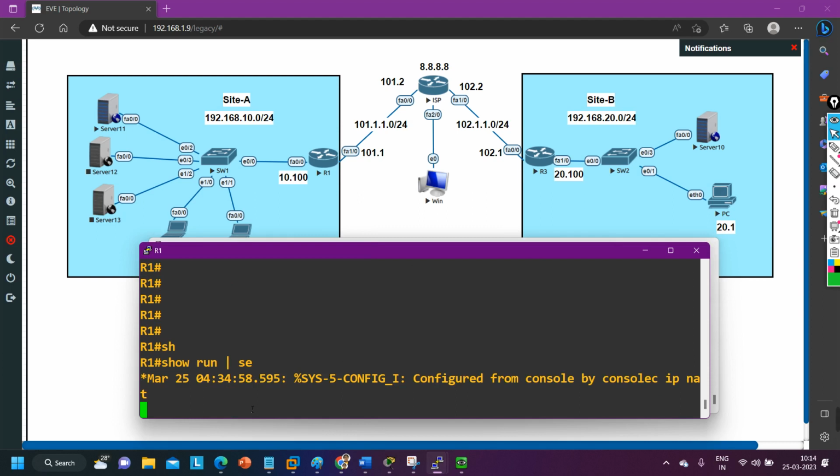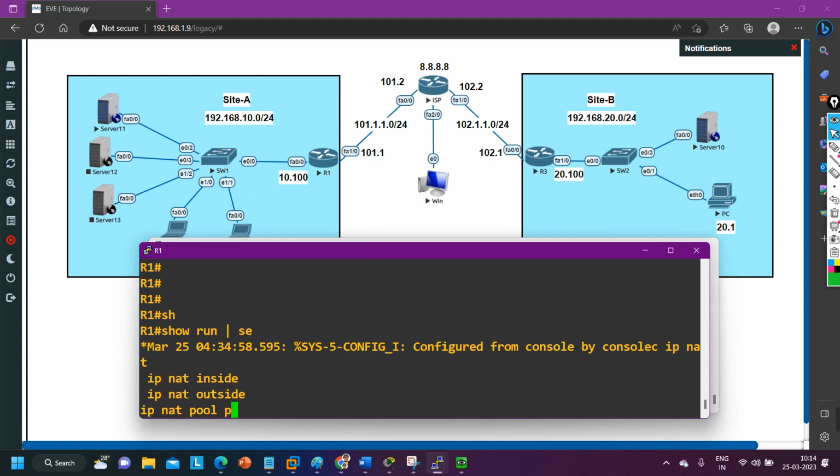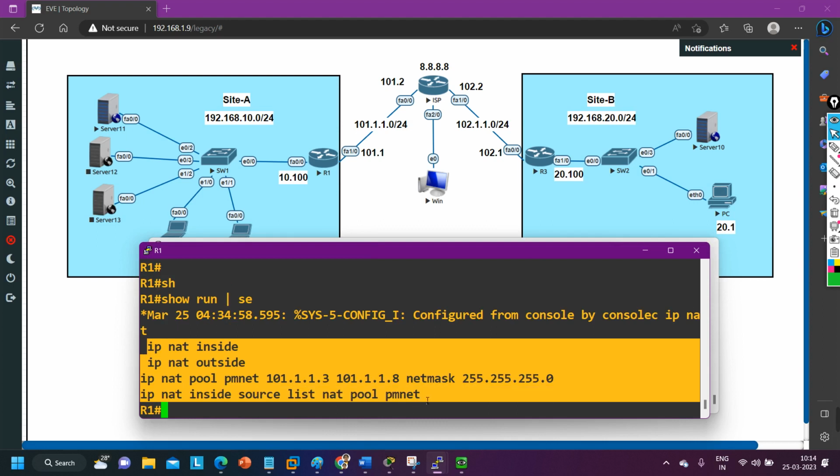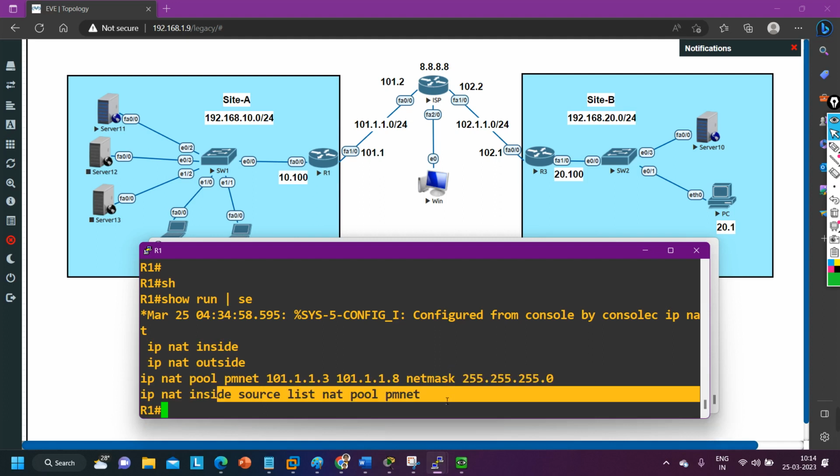This is the first command to check the running configuration of NAT. Here you can see I have run 4 commands. To enable static NAT, you need to run only 3 commands: inside, outside, and 1 NAT entry. For dynamic NAT, you need to run 4 commands: inside, outside, and after that this command and this command.